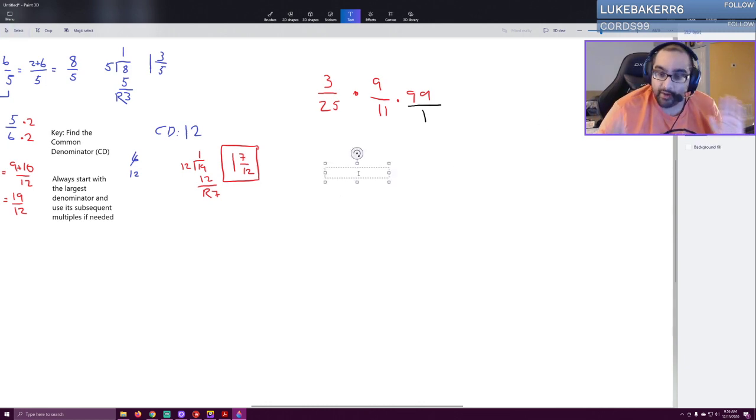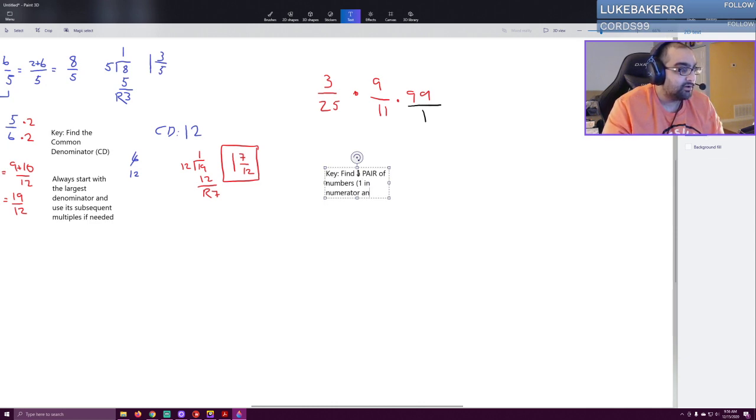Regardless of how many fractions you have, find a pair of numbers, one in the numerator and one in the denominator, that can be reduced down, i.e. they have a number in common with each other.